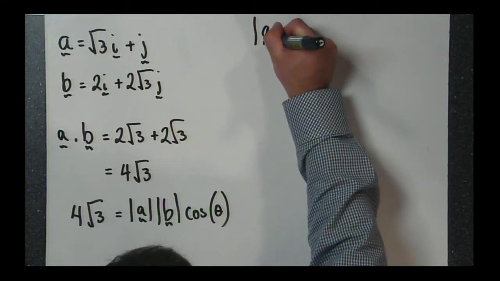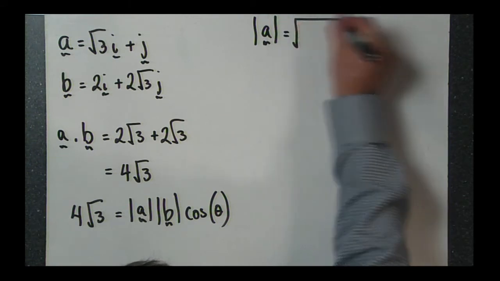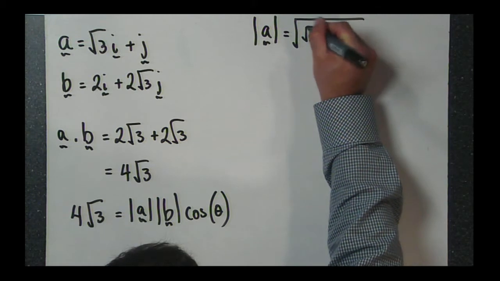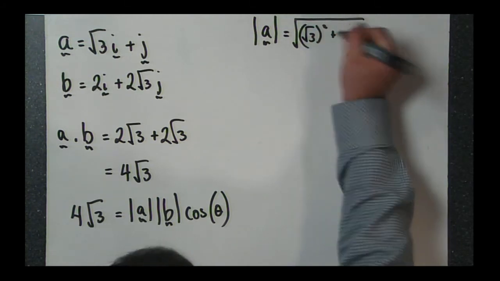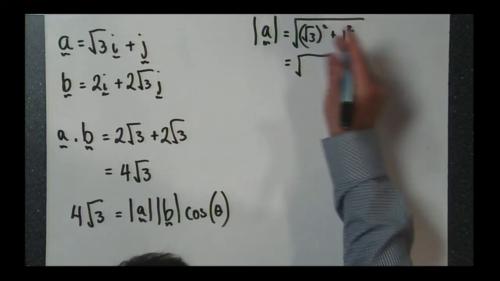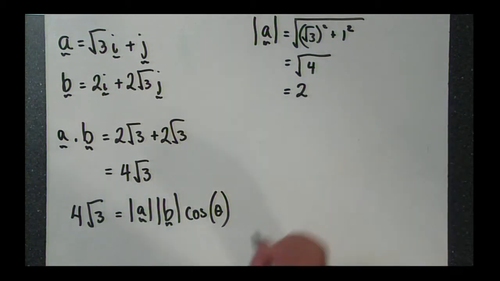So the magnitude of A, okay, I take the square root of root 3 squared, so root 3 all squared plus 1 squared. That gives me the square root of 3 plus 1, which is 4. So the magnitude is 2.